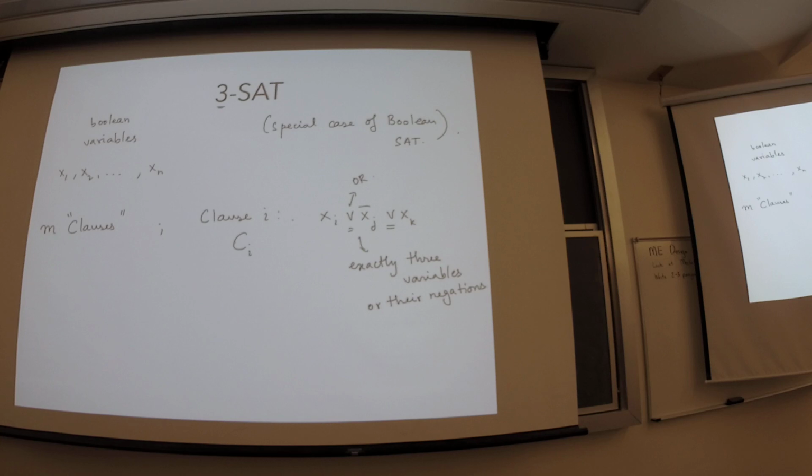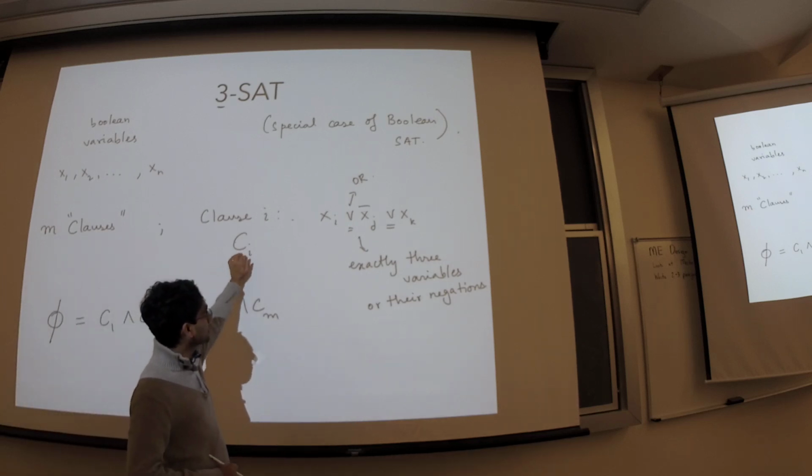And the overall formula, which I will call phi, is C1 and C2 and C3 and so on. So you have M clauses. The ith clause looks like this.